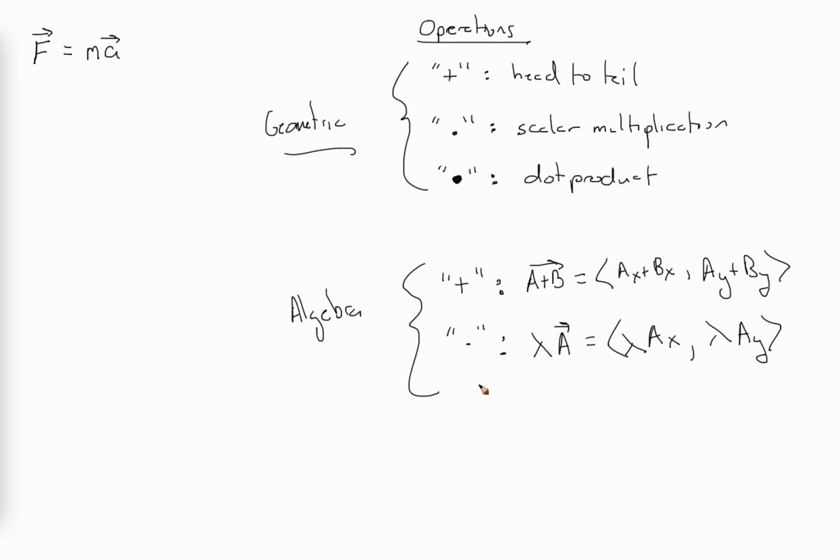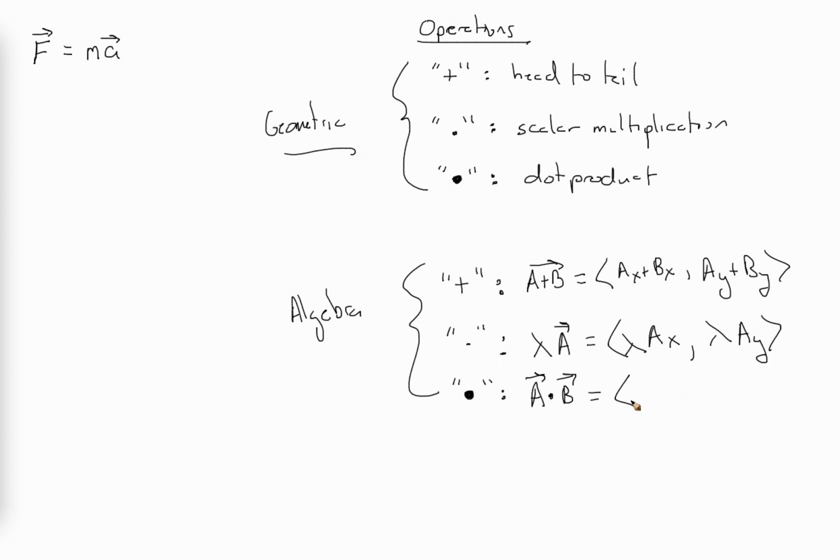Okay? And then we also have a dot product, the dot product. And the dot product, remember, is taking two vectors, a dotted with b. And here I didn't write down what the dot product was. It was the magnitude of a times the magnitude of b times the cosine of theta, the angle between them.